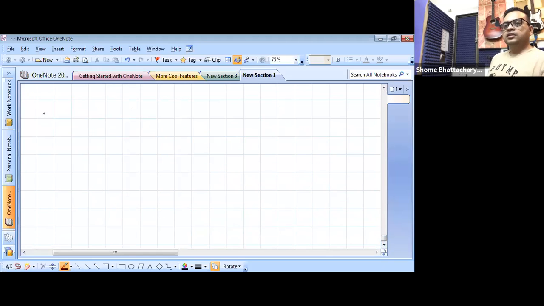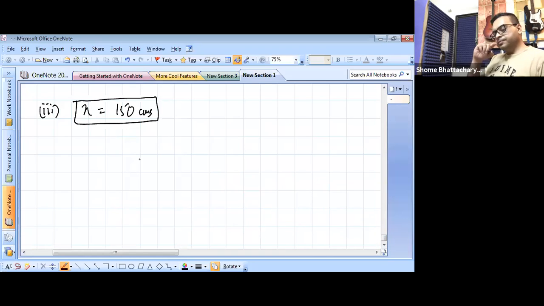All right, and finally, in the third case, we are taking x as 150 centimeters. This case, you will see, will give us a virtual but diminished, inverted image. So let's see, 1 by v minus 1 by u is equal to 1 by x.